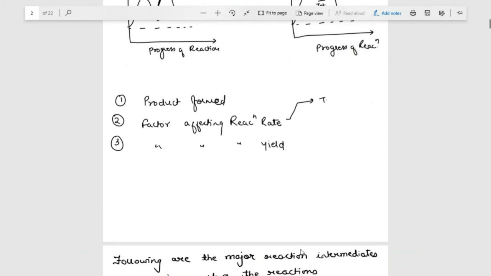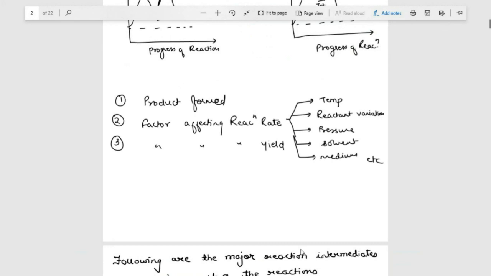For example, temperature: if I increase or decrease the temperature, what happens? Reactant variations: if I change the reactant, is there any impact? Pressure, solvent, medium, etc. So we study the effect of these variable factors on the rate of the reaction.